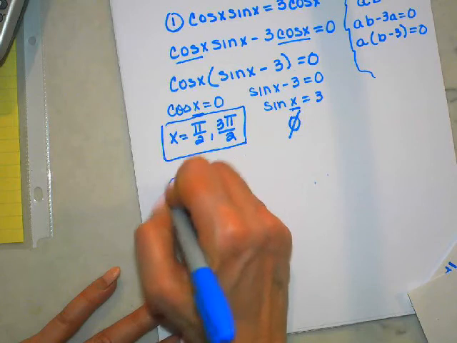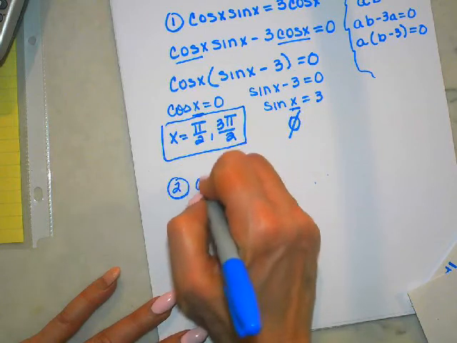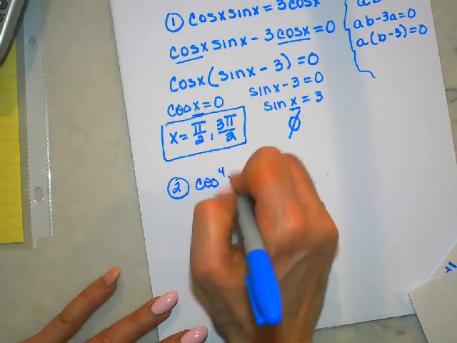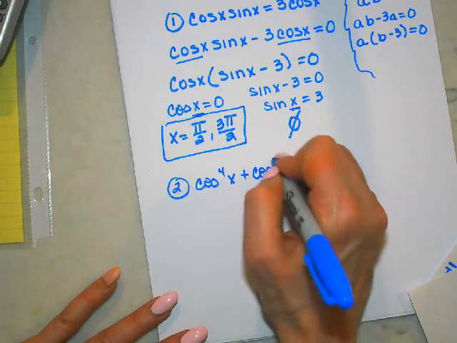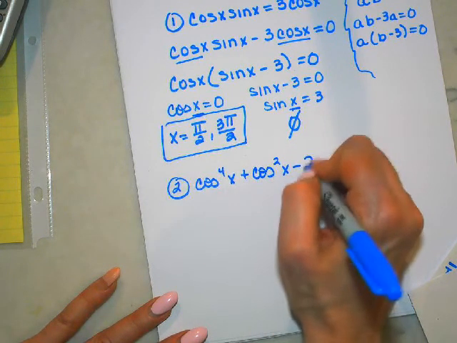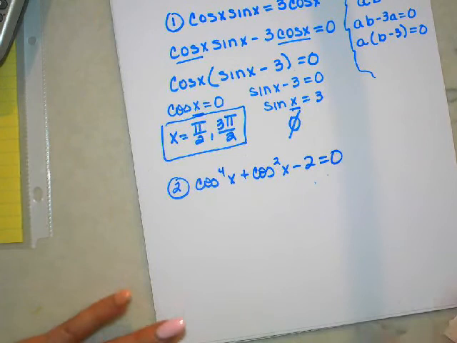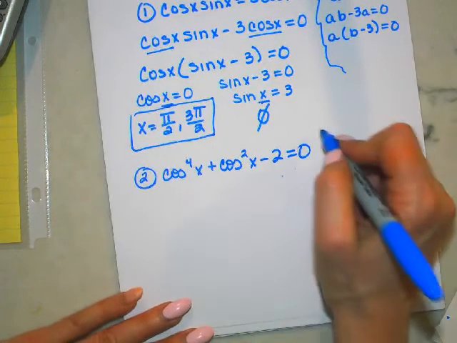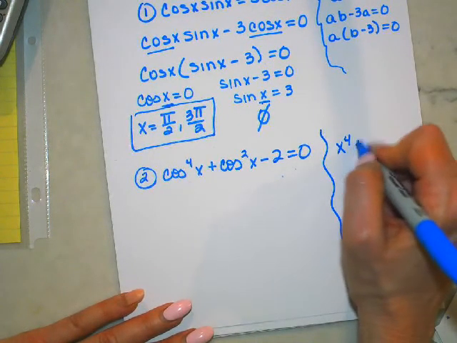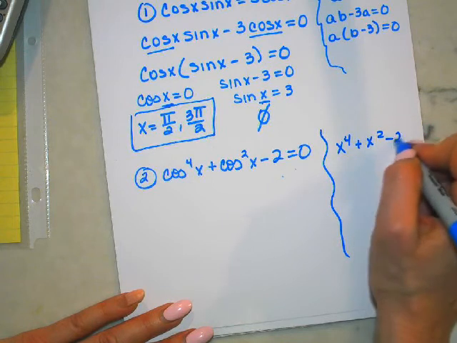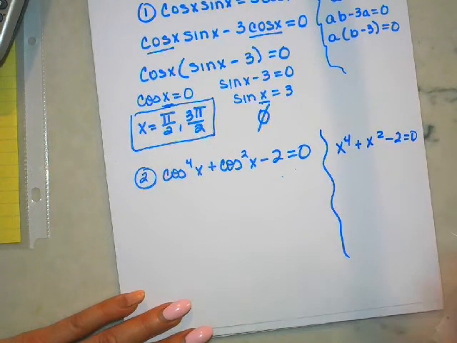So let's try this one. Cosine to the 4th power of x plus cosine squared x minus 2 equals 0. Okay, this should look to you, if I took the word cosine out of it, like this: x to the 4th plus x squared minus 2 equals 0.